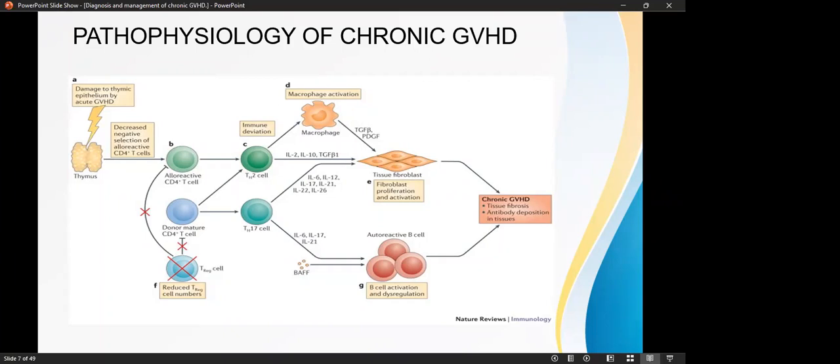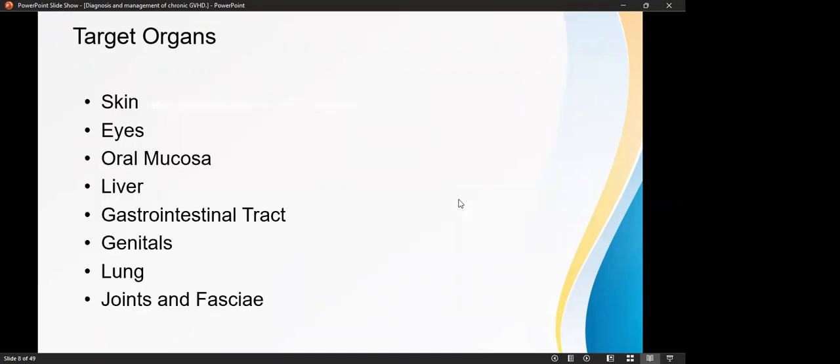The donor mature T lymphocytes activate the autoreactive B cells, which results in B cell activation and dysregulation. So both these mechanisms are the manifestation of chronic GVHD.